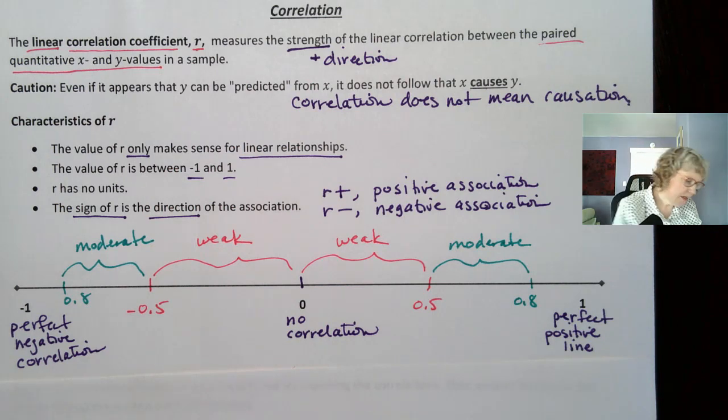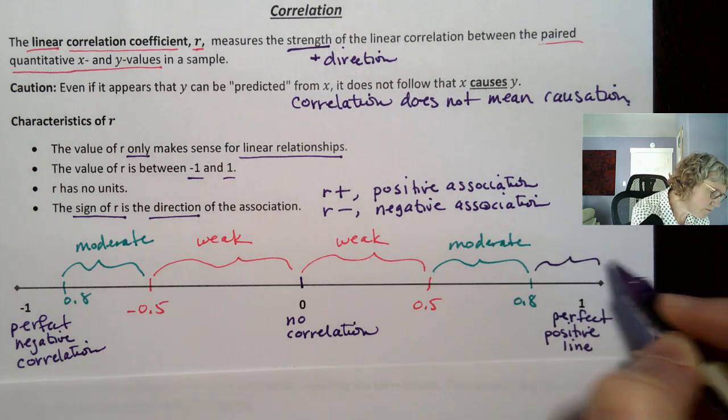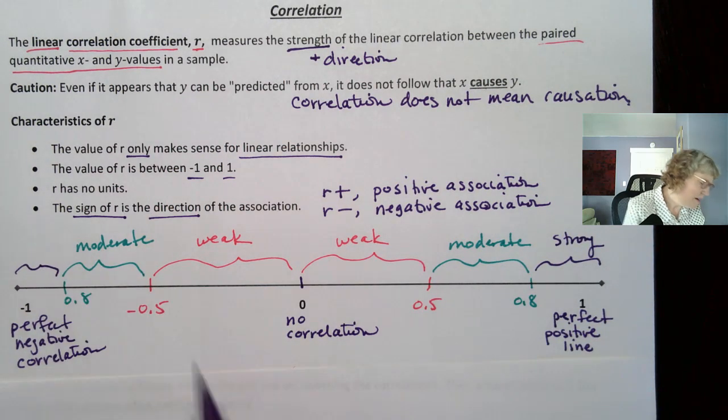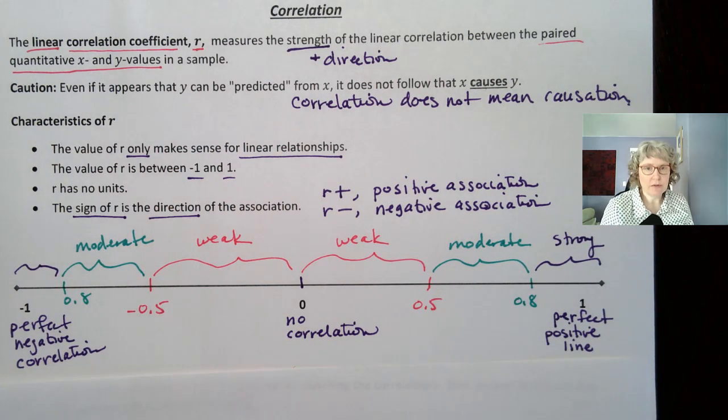And then from 0.8 to 1 is strong. This is not a percentage either, so it's absolutely no units.